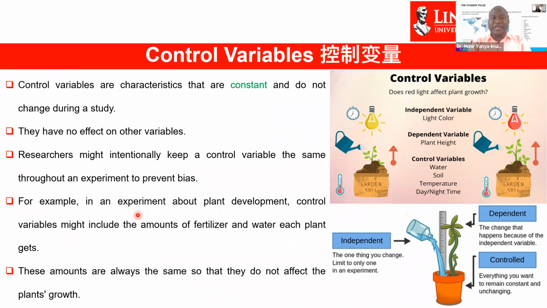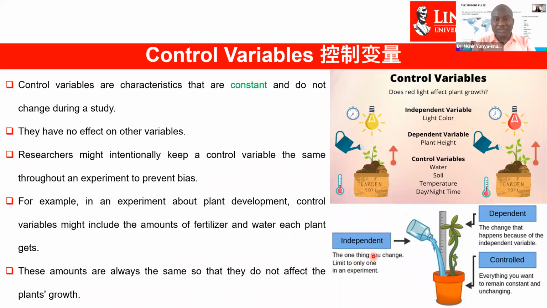For example, in an experiment about plant development, control variables might include the amount of fertilizer and water each plant gets. These amounts are always the same so that they do not affect the plant growth. The pot can also be a control variable.